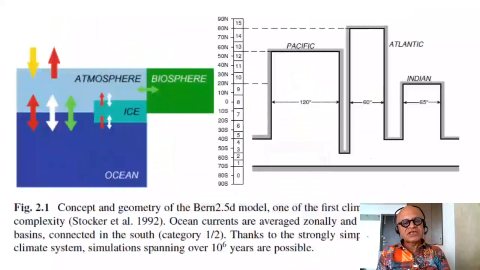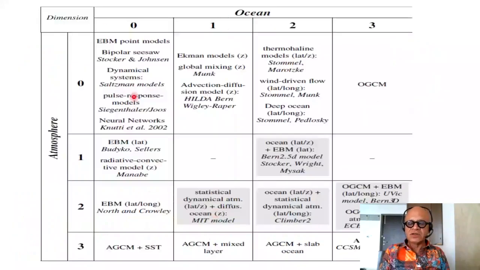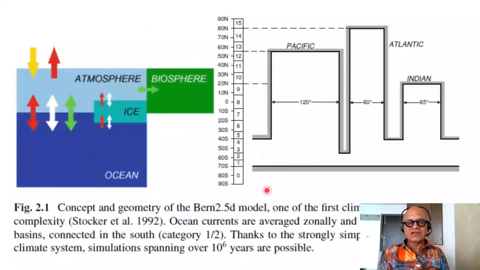Okay, here is an example of the Bern model that we already looked at. Concept and geometry of the Bern 2.5 model, one of the first climate models of reduced complexity by Tom Stoker. Ocean currents are averaged zonally, so in the longitudinal direction, and are simulated by 3 basins connected in the south, so it's called category 1 and 2 here. I won't go into those details.